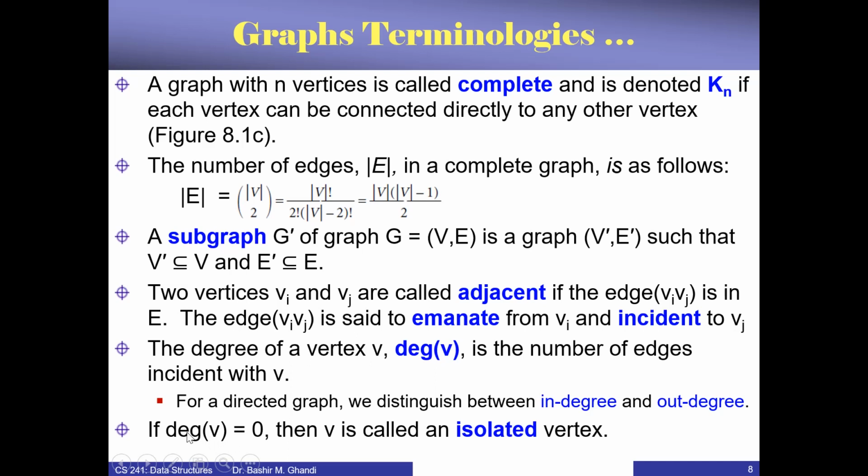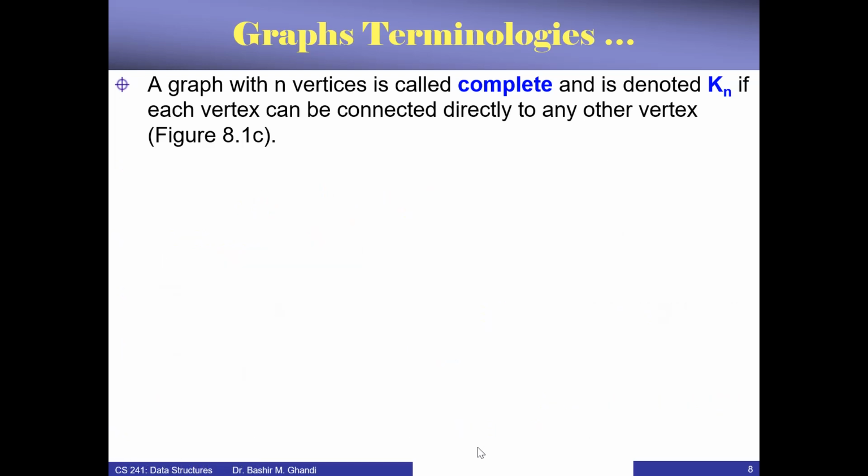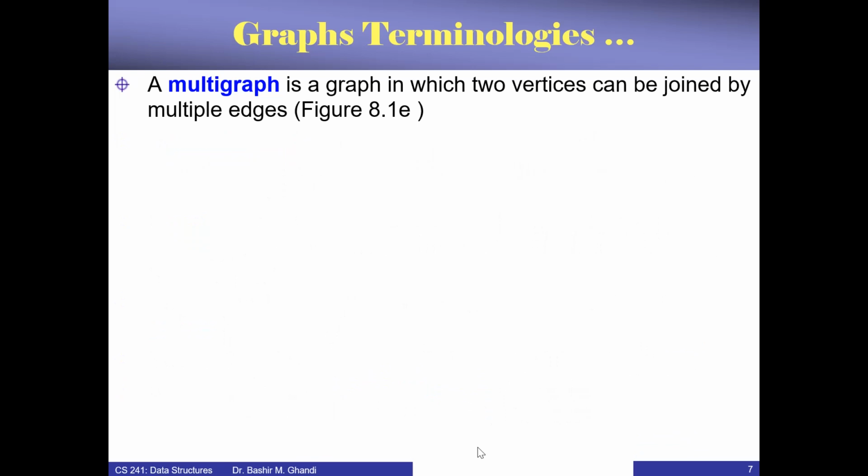The last definition is what is called an isolated vertex. If a vertex has degree 0, then the vertex is said to be isolated because there is no edge coming to it. Just to make these related terms clearer, let's go back to our example.